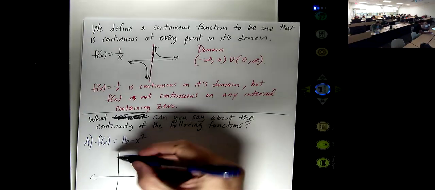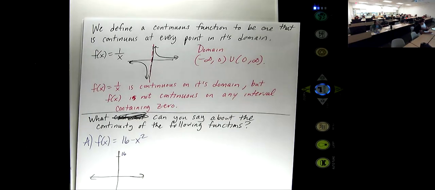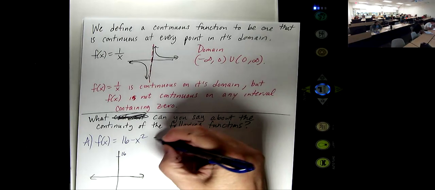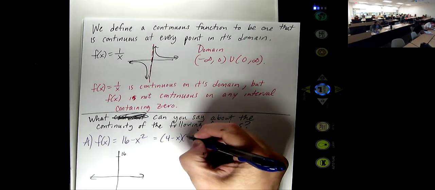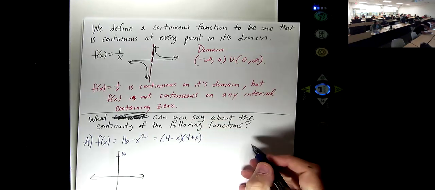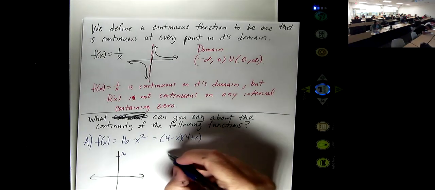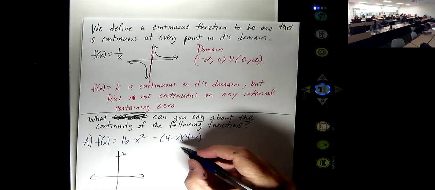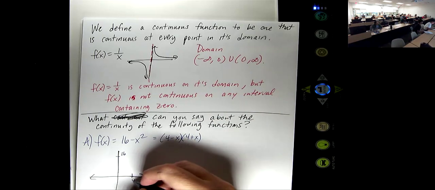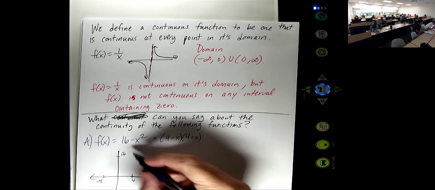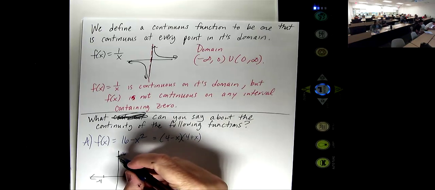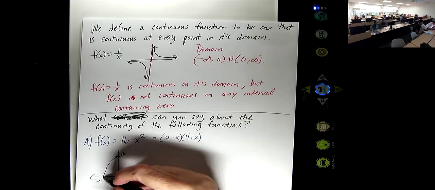We can see the y-intercept is 16. And if you factor this, it is 4 minus x, 4 plus x. So if we set that equal to 0, we have zeros at 4 and -4. That x squared is a parabola, but the negative is making it go downward.